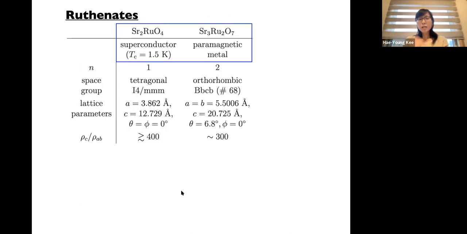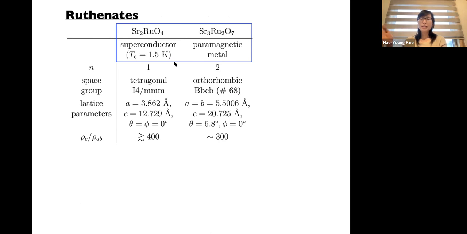Okay, so the ruthenate series has an interesting history because it actually started with trying to find high Tc, because this 214 is isostructural to a cuprate, strontium copper oxide.